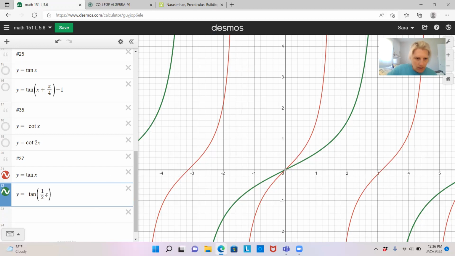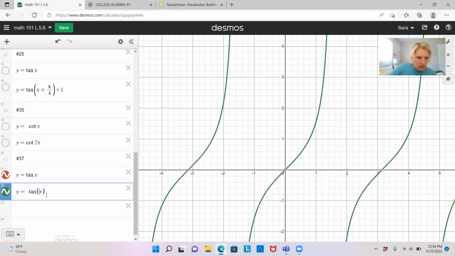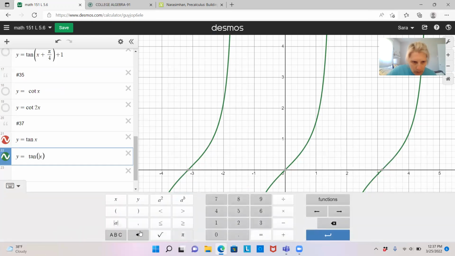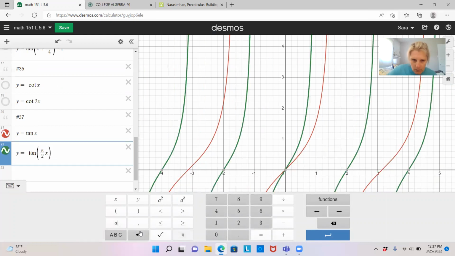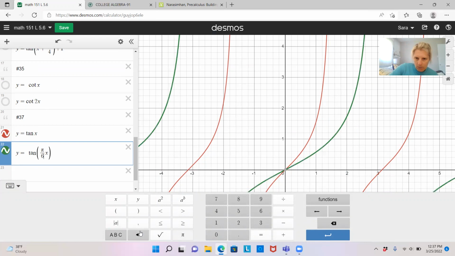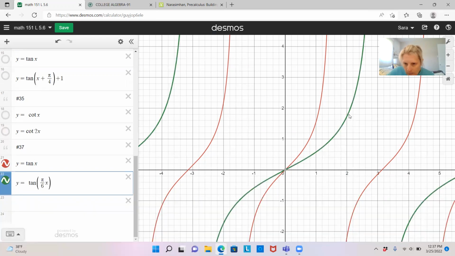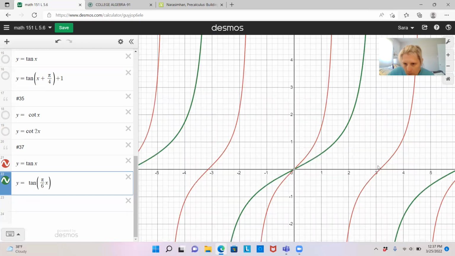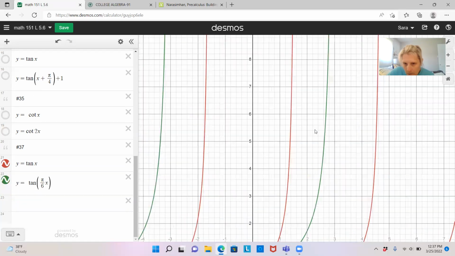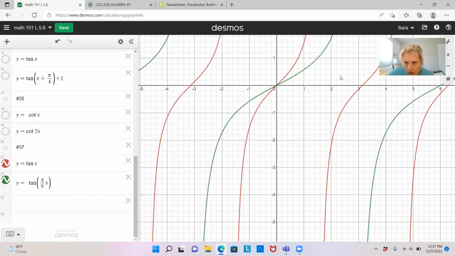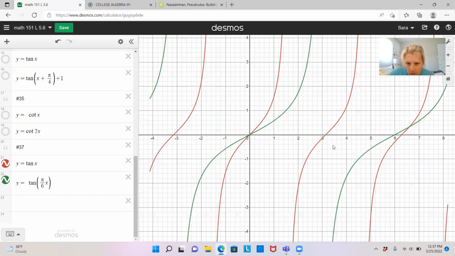So let's change this. Let's do pi over 2. Pi over 2. No, that's making it sharper. Over 6. Oh. See what that is. Three pi over 2.